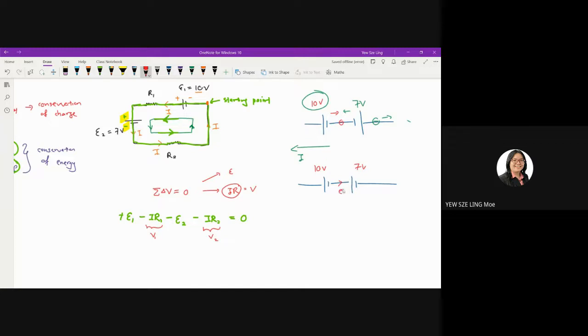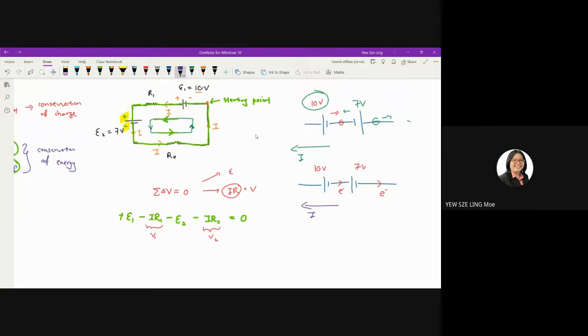After it passes through this second battery, the second EMF, this electron is now moving with 17 volt of energy. So the current moving from right towards the left-hand side will just keep adding up if this is how you arrange the battery.